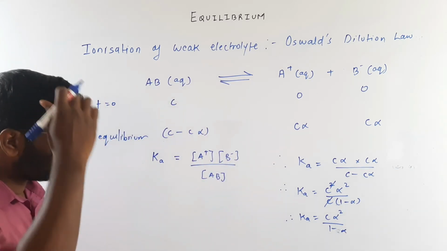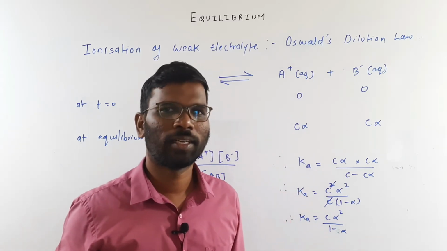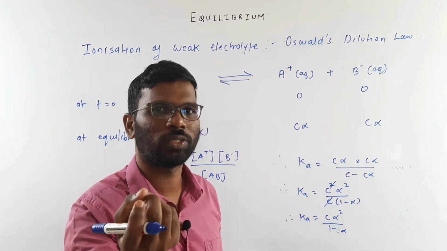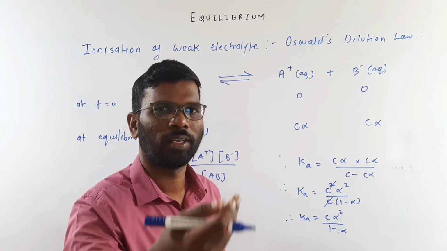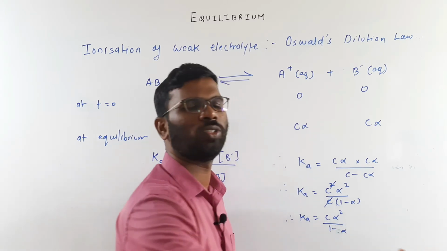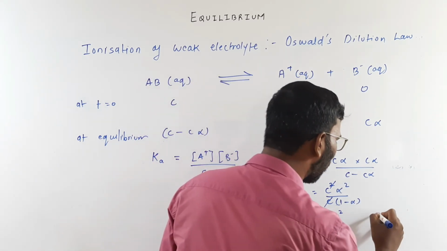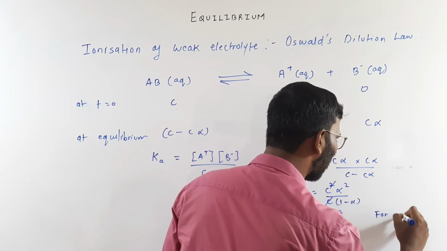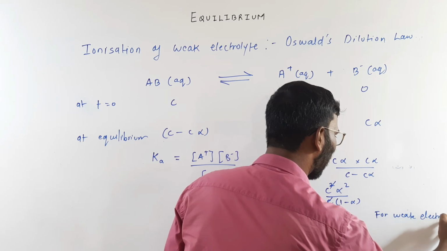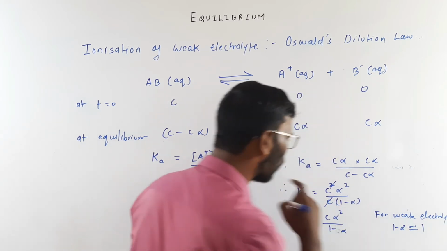Right? So for a weak electrolyte, dissociation is very little. Means out of 100, let's say just one molecule is dissociating, then alpha will be what? 1 divided by 100, that is 0.01. So 1 minus 0.01, just giving an example, will be approximately equal to 1. For a weak electrolyte, 1 minus alpha is approximately equal to 1.